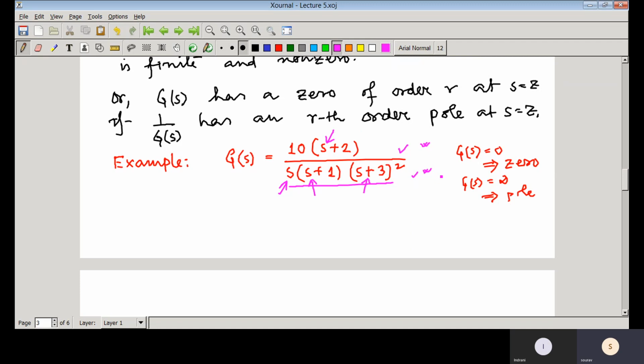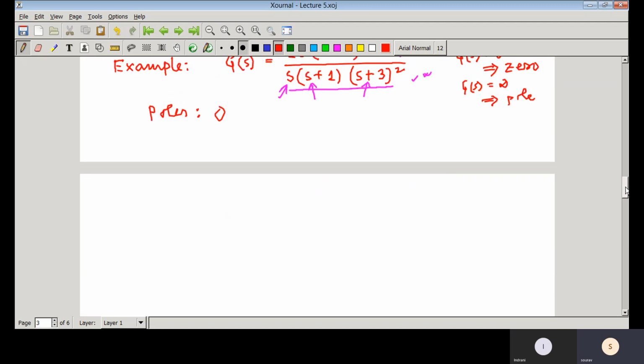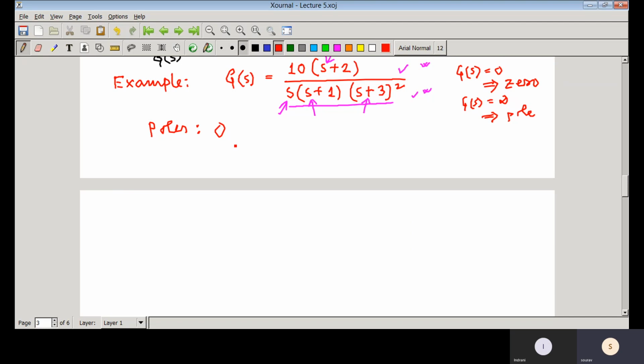But let us first write it, then I think it would be very clear. That means these poles are here: 0 and minus 1, then minus 3, then minus 3.